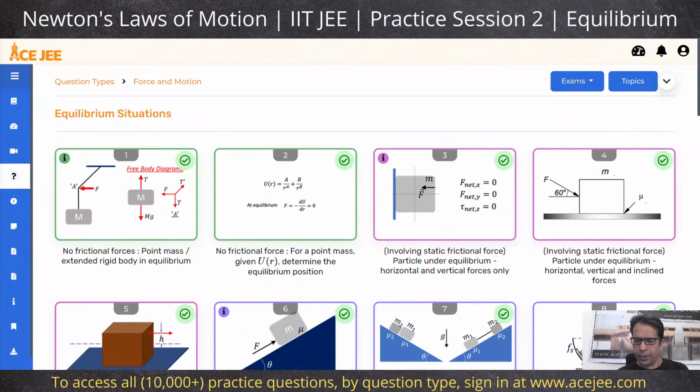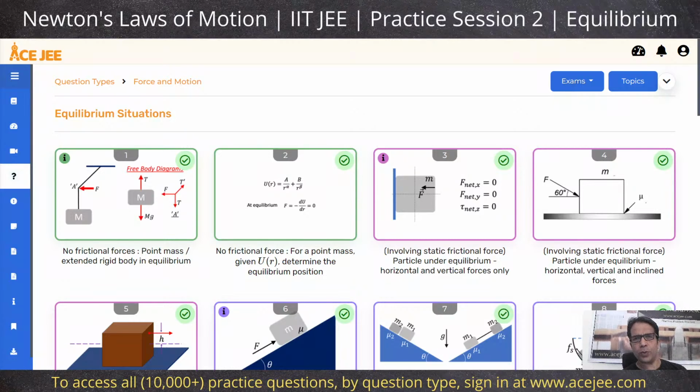Now, Ruchika, in force and motion, in this chapter, my recommendation would be that you take your time to correctly write down the forces or correctly establish the free body diagrams, and correctly write Newton's second law, F equals ma.